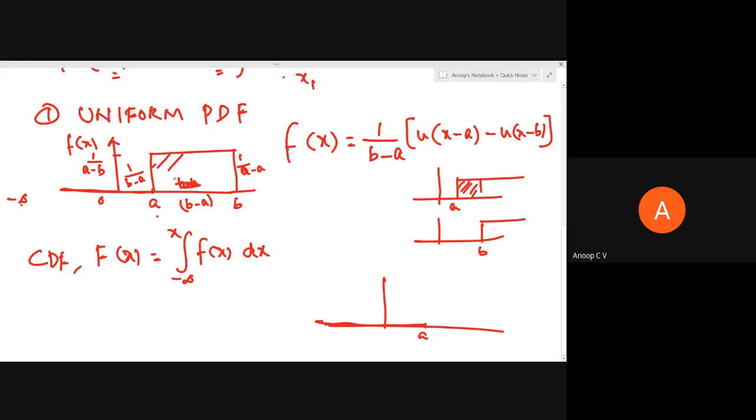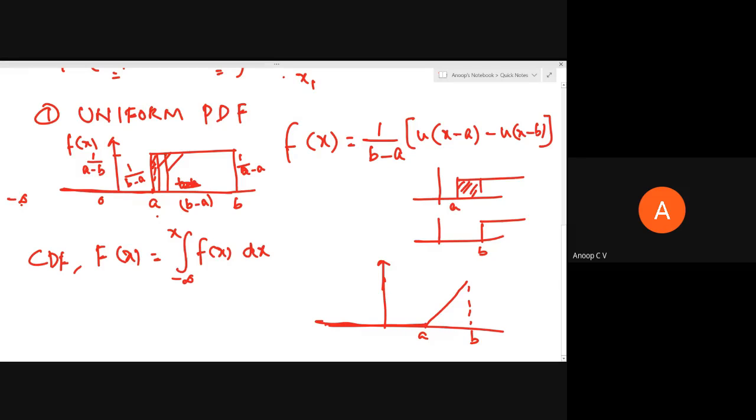But from a to b, if you consider maybe a to this a plus delta, this is the area, right? A to a plus 2 delta, this is the area. So the area is increasing linearly. So the cumulative distribution function will increase linearly, right? By the time it reaches b, what will be the area? This is the area of the strip.